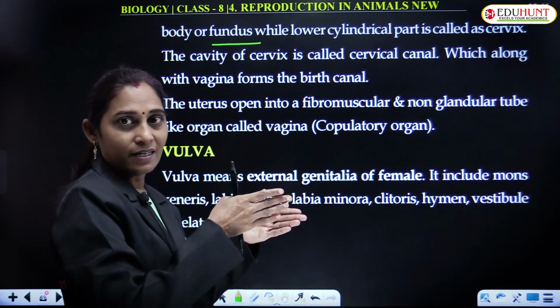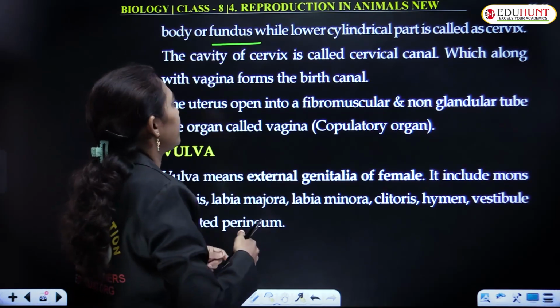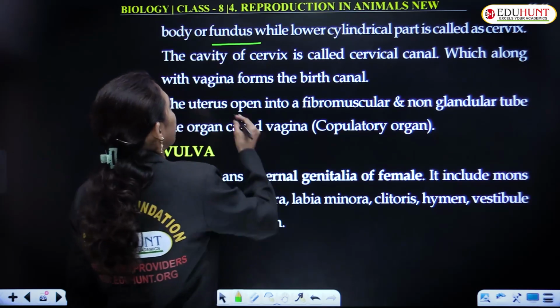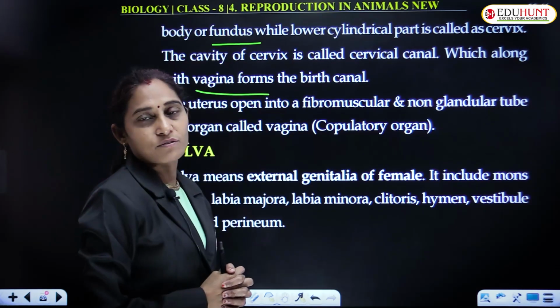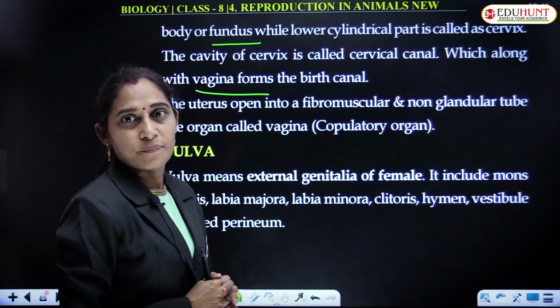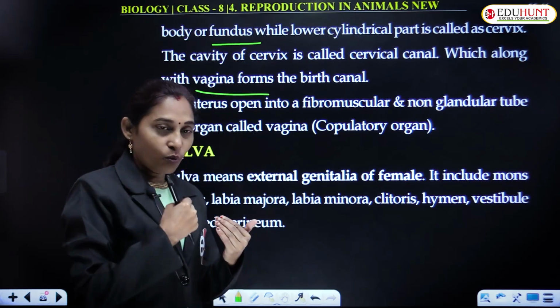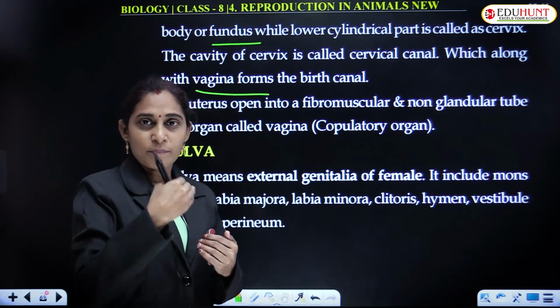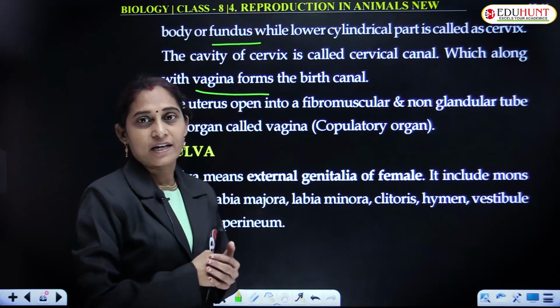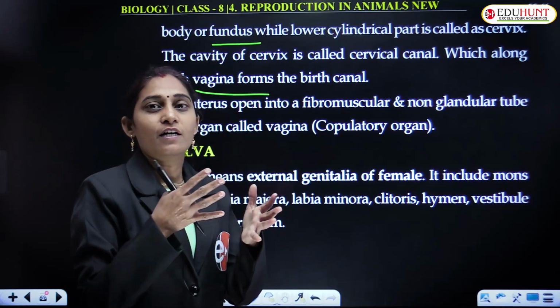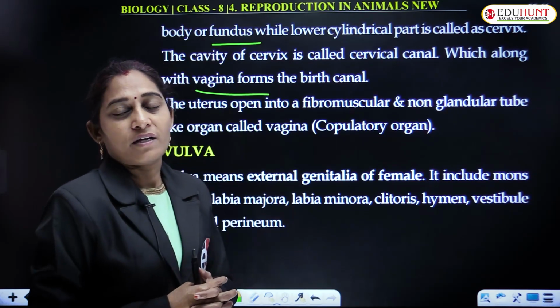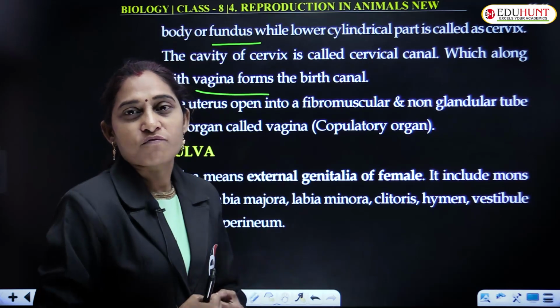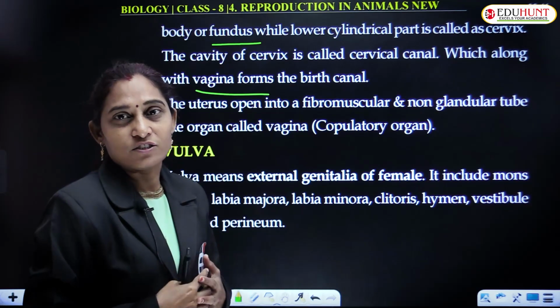It is like a channel and it leads into the vagina. It is known as the birth canal. During intercourse, the sperm enters through the vagina and reaches the ovum, where millions of sperm compete with each other.